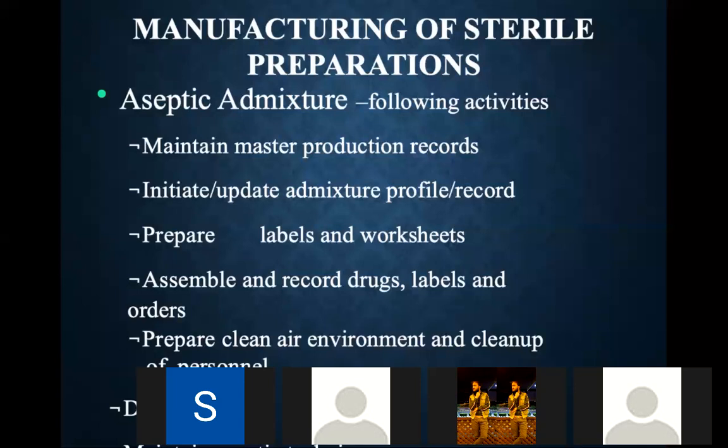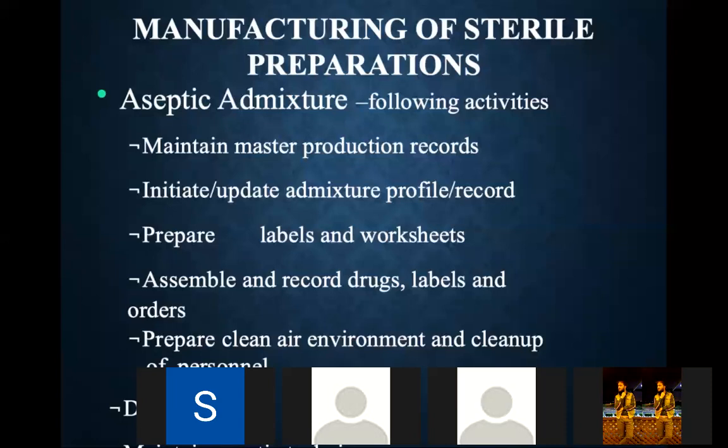For admixtures, the following activities: maintain master production record, initiate, update and profile labels and worksheets, assemble and record drugs, labels, whatever you have to do in your record section. For manufacturing of a sterile admixture, you have to prepare a clean air environment and clean up, because for sterile manufacturing you must have clean workers.